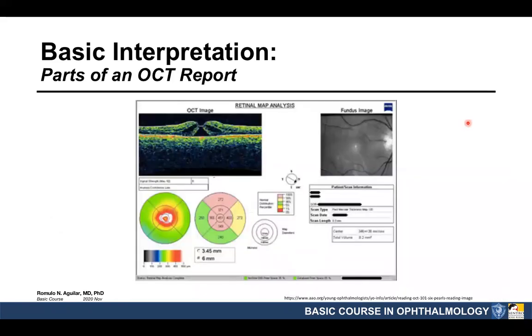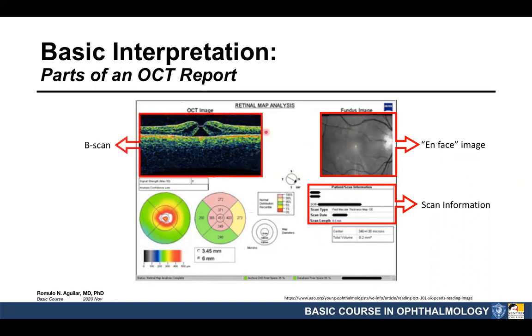Going on, you might not be interpreting OCTs, but you might be receiving reports. So quickly, let's look at the parts of the report. Here you have the scan information. This one is what we call the en-face image or the surface image.